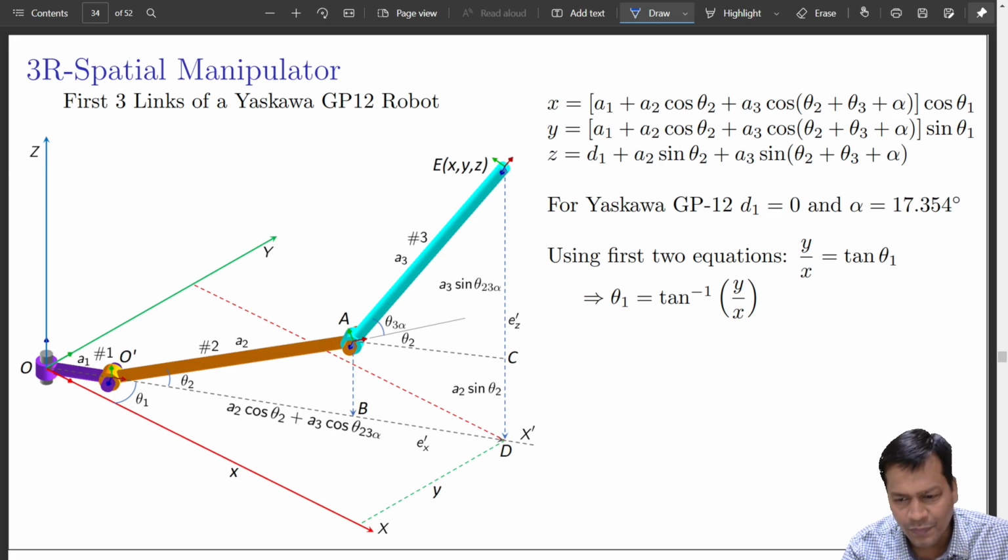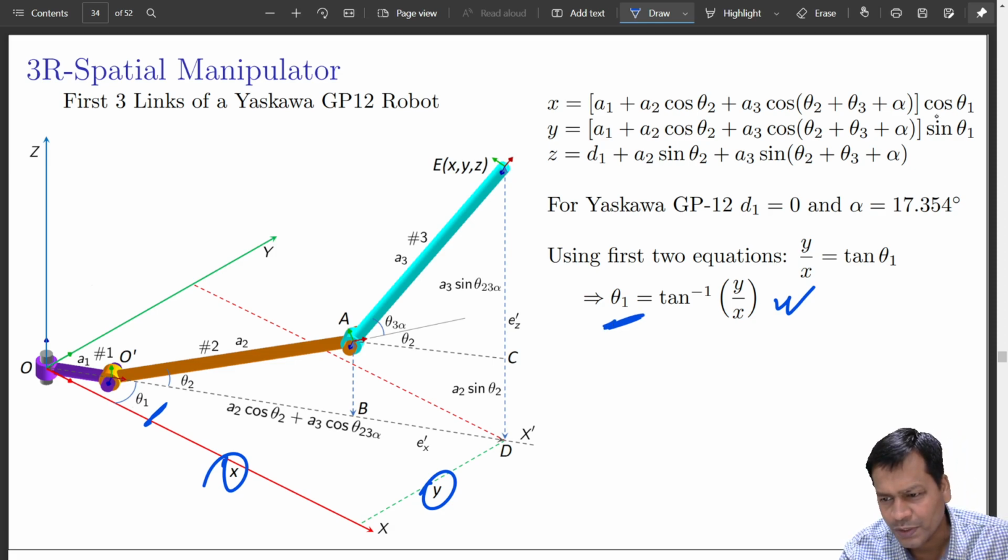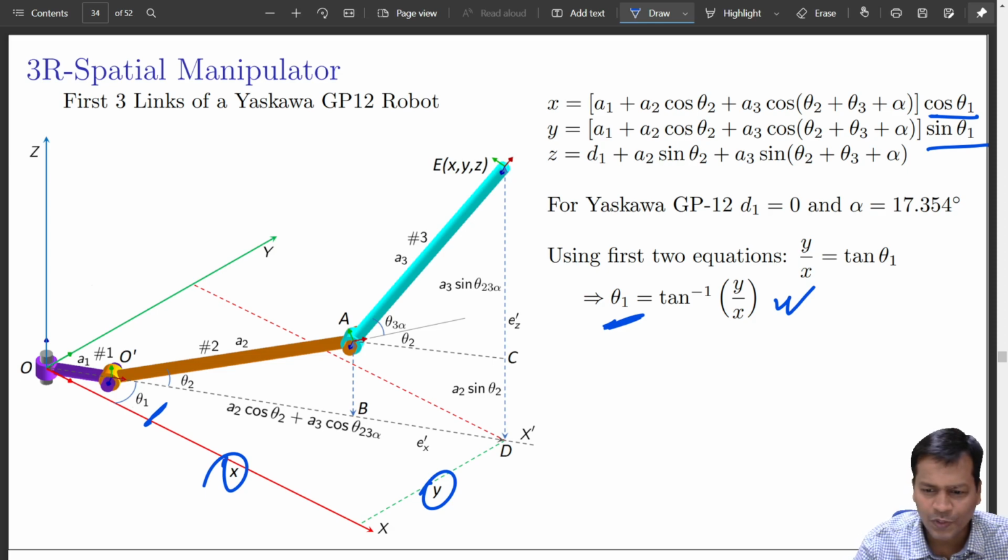Now theta 1 can be quickly obtained as tan inverse y by x. Done. Tan inverse y by x, that means theta 1 is found out. I know this now. Using this I can find x and y virtual.